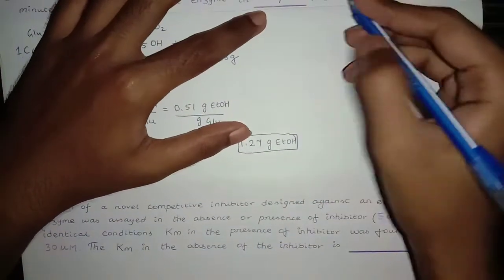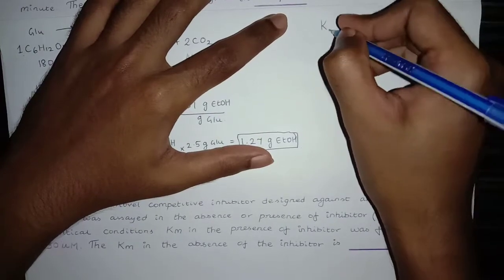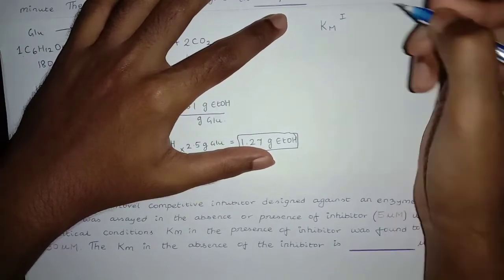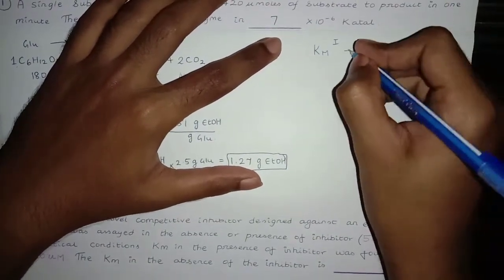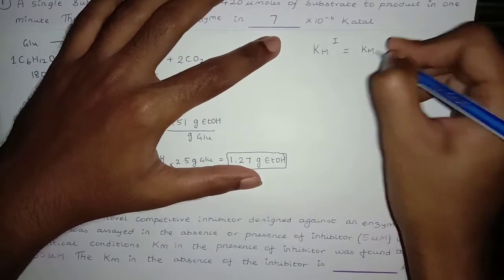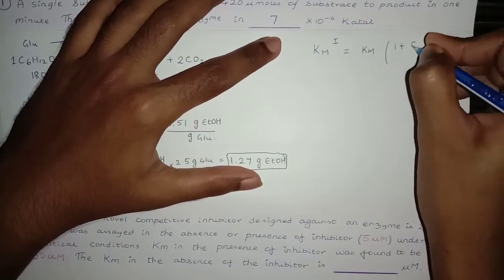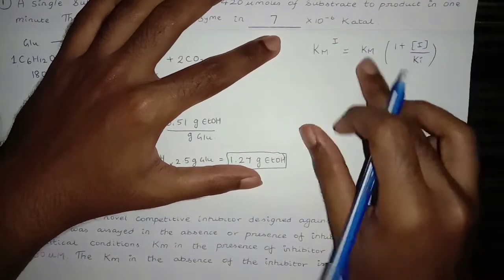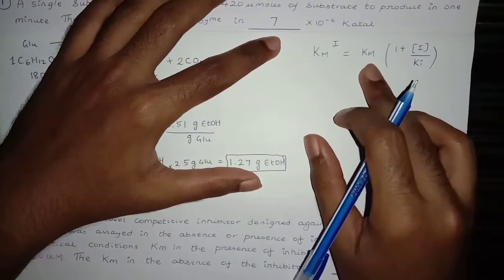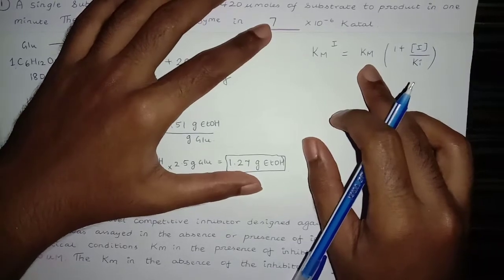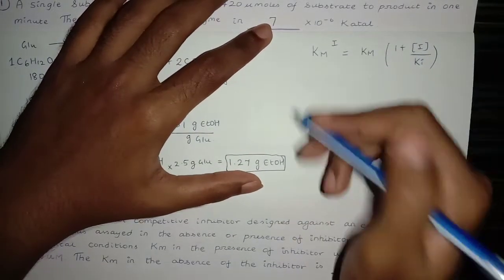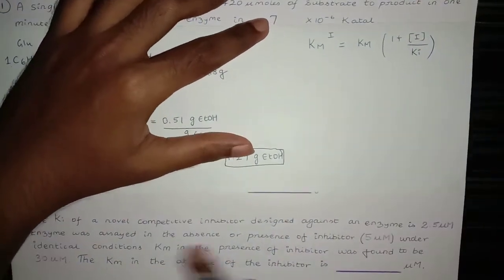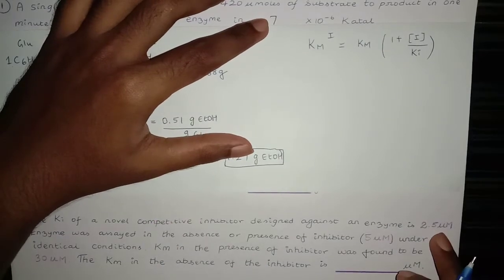So we know Km in the presence of inhibitor is equal to Km into 1 plus concentration of inhibitor over Ki, where Km is the Michaelis-Menten constant in the absence of inhibitor. Say we have been given the Ki as 2.5 micromolar.